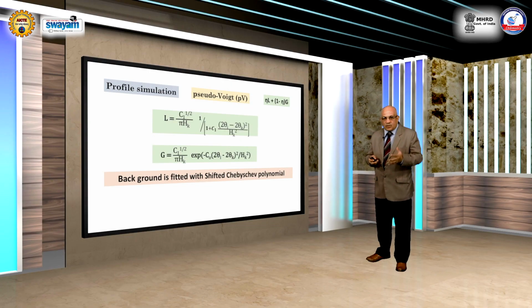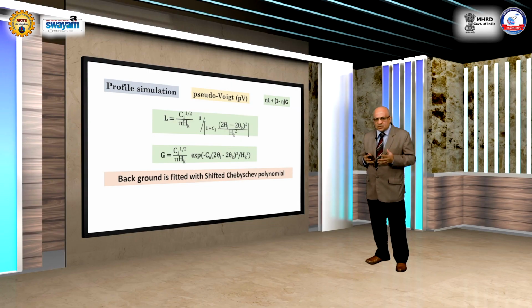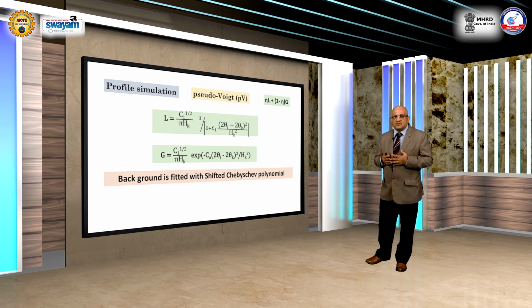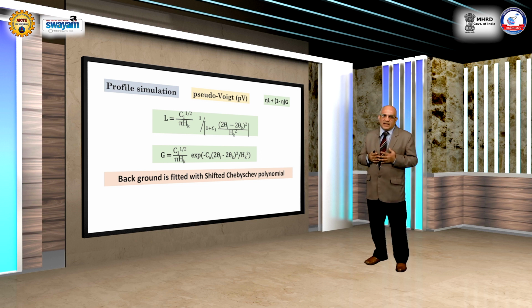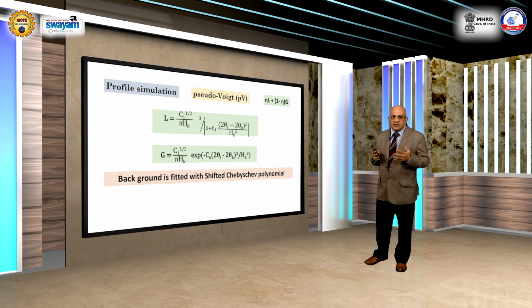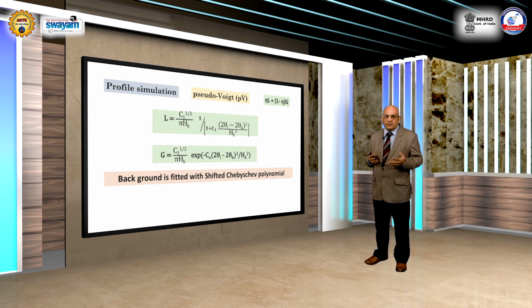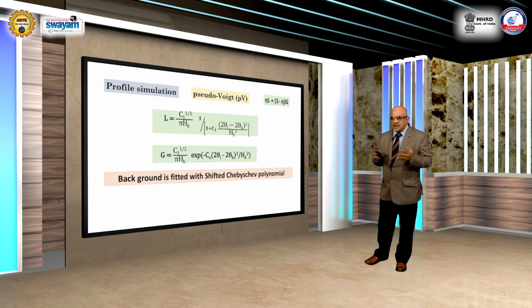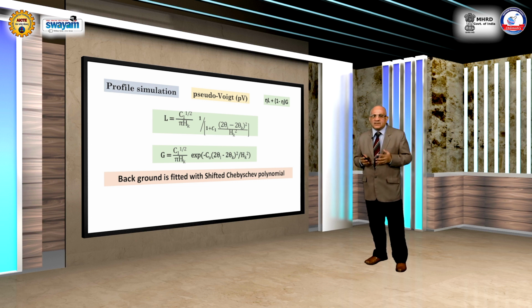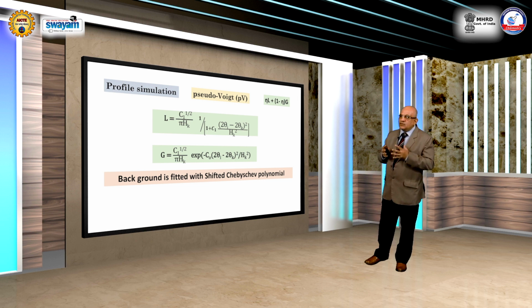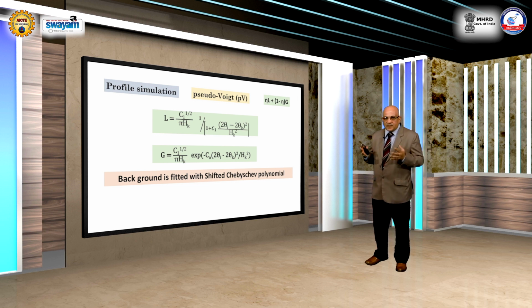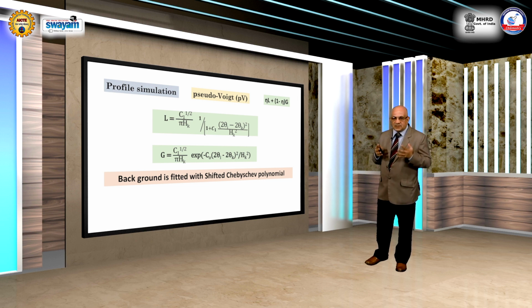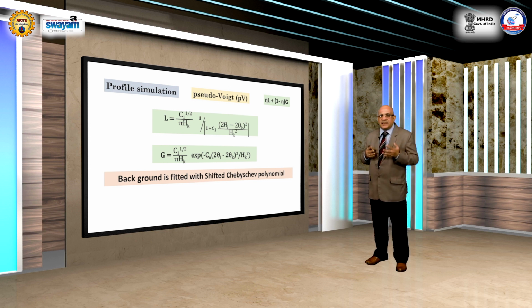These are some more equations showing the type of functions one uses to fit the profile. You use what is called the pseudo-Voigt function, which is a combination of a Lorentzian and a Gaussian, L and G. There are many types of mathematical functions one can use to fit the powder diffraction pattern. This requires some detailed training and understanding of these mathematical polynomials.